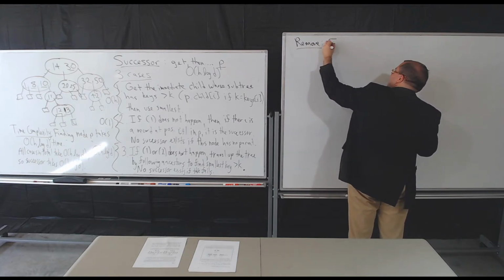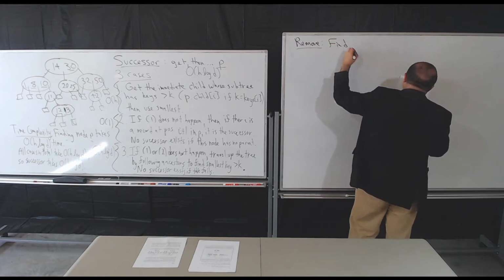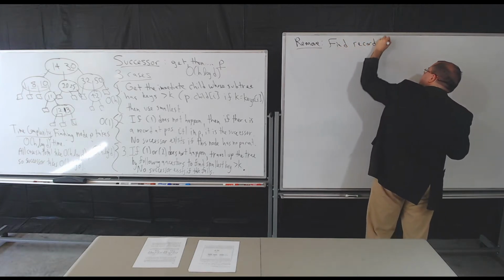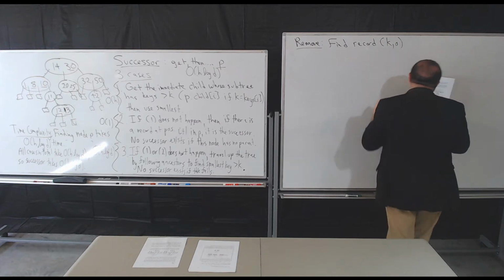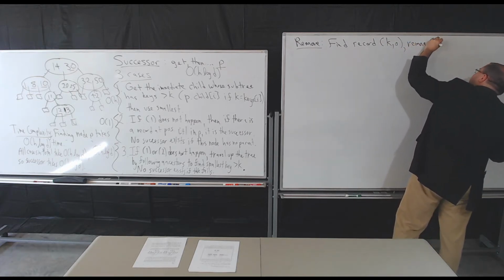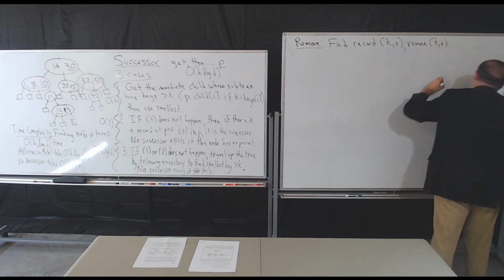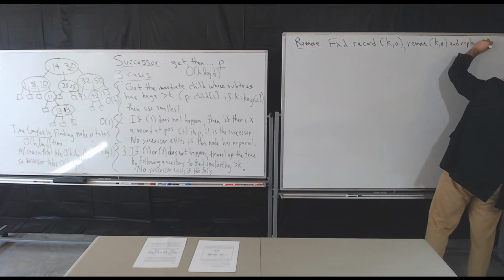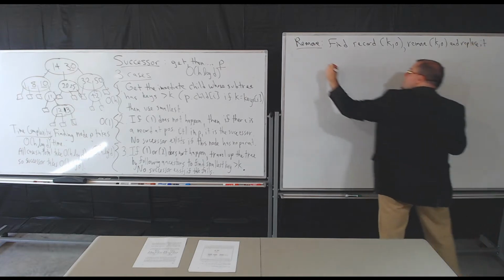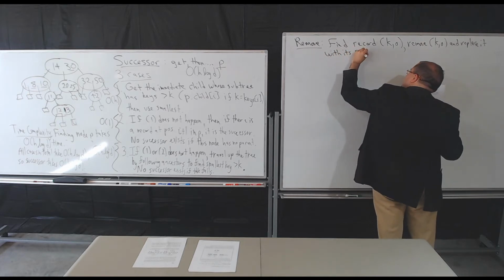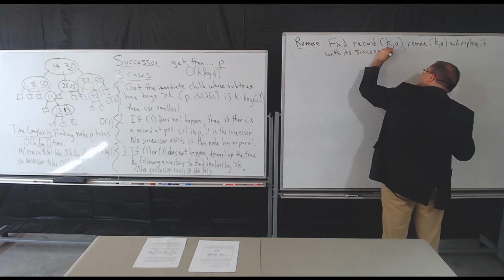So you're just going to find record K0, remove K0, and replace it with its successor, if needed.